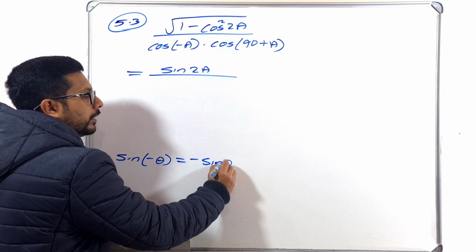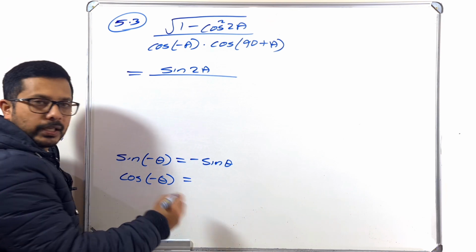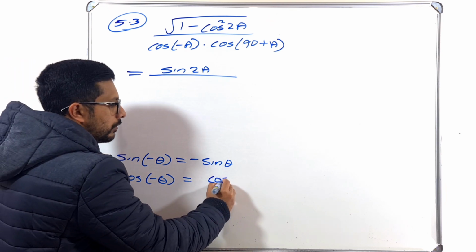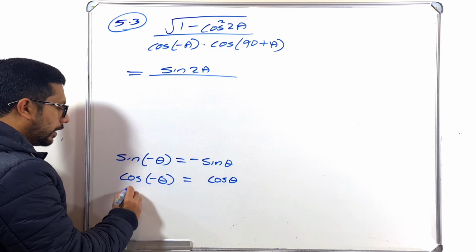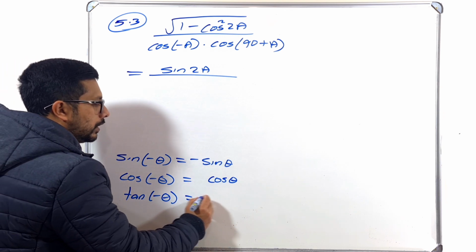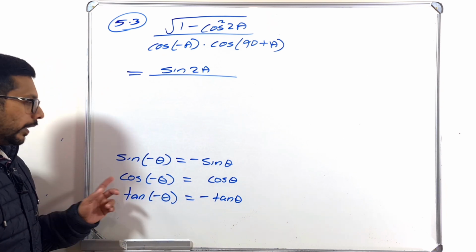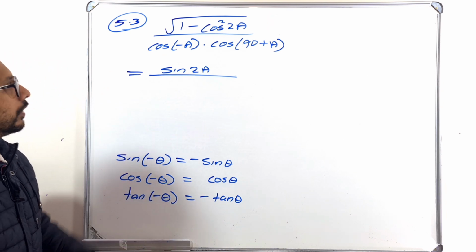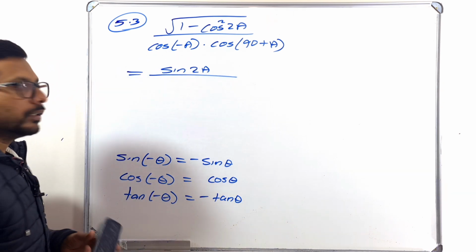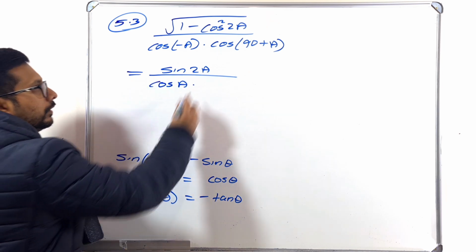Minus sine theta. Cos of minus theta is not minus cos theta, it is positive cos theta. Tan of minus theta is not positive, it's negative tan theta. So the only difference is for this cos. Cos of minus theta is the same as cos theta. So here cos of minus a is the same as cos of a.